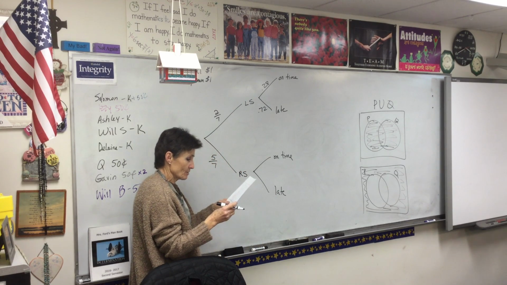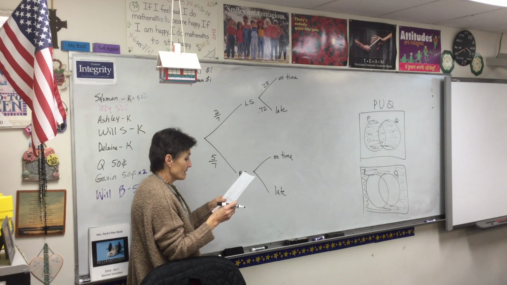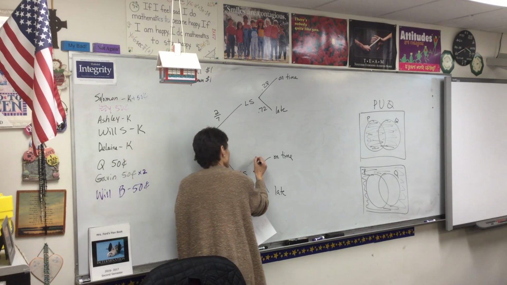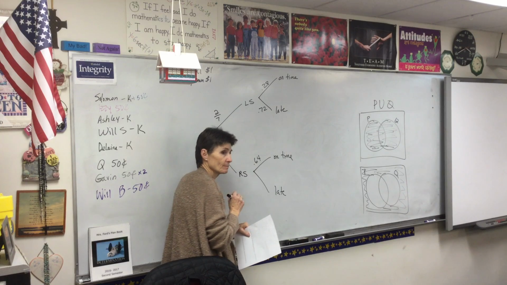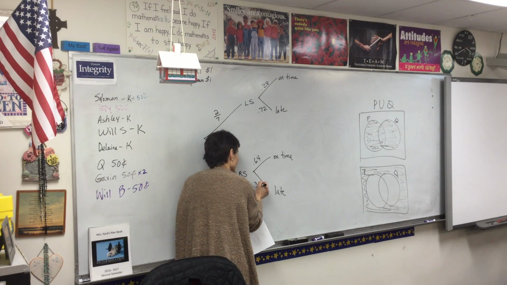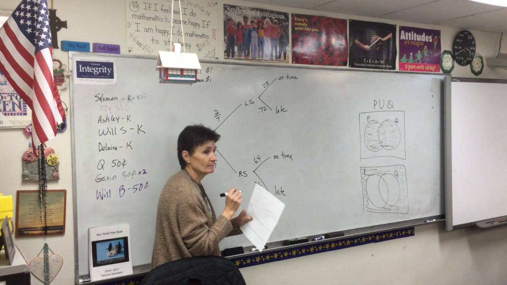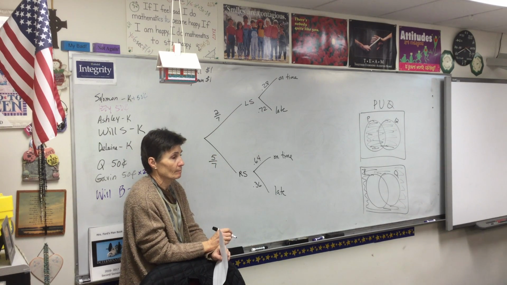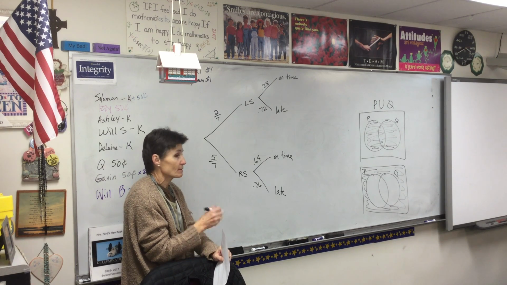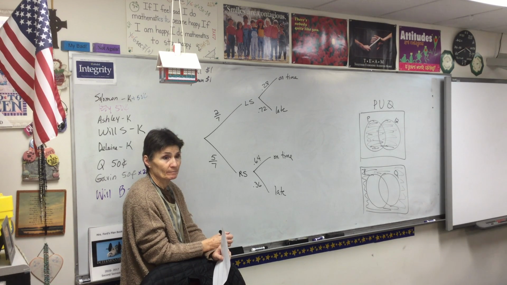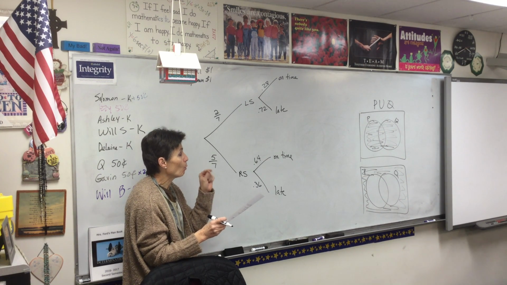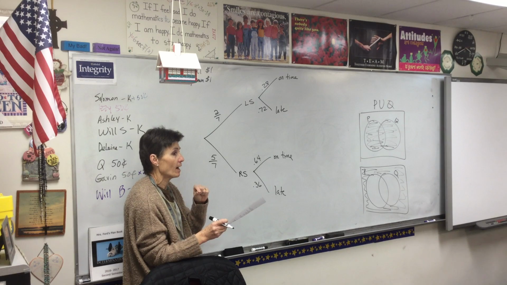On a regular start day, he's on time 64%, and that means he's late 36%. So everybody, does the tree make sense to everyone?